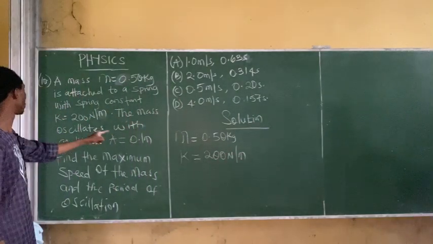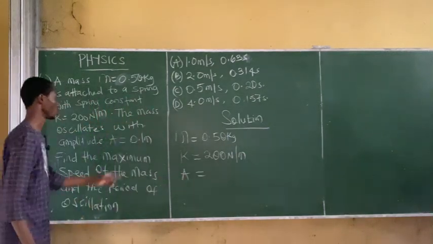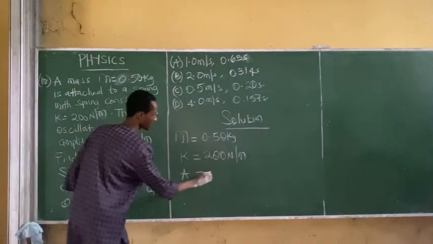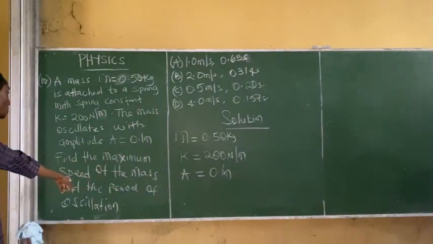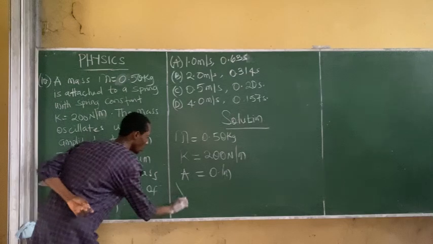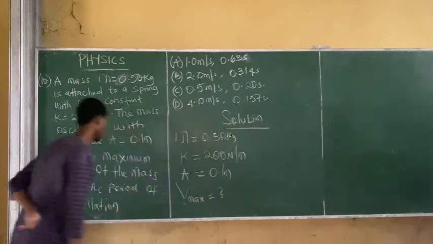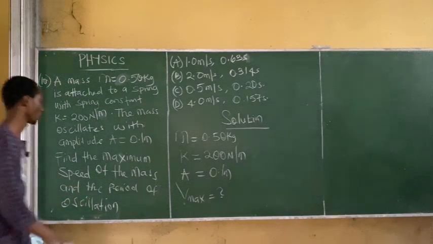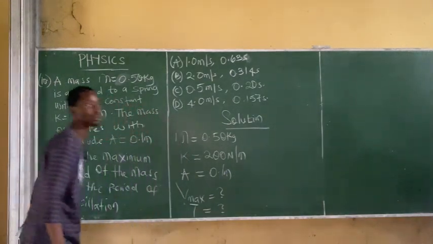The mass oscillates with an amplitude. They gave us amplitude A to be 0.1 meters. They say find the maximum speed. So Vmax is unknown. And they also say we should find the period of the oscillation. Capital T is also unknown.